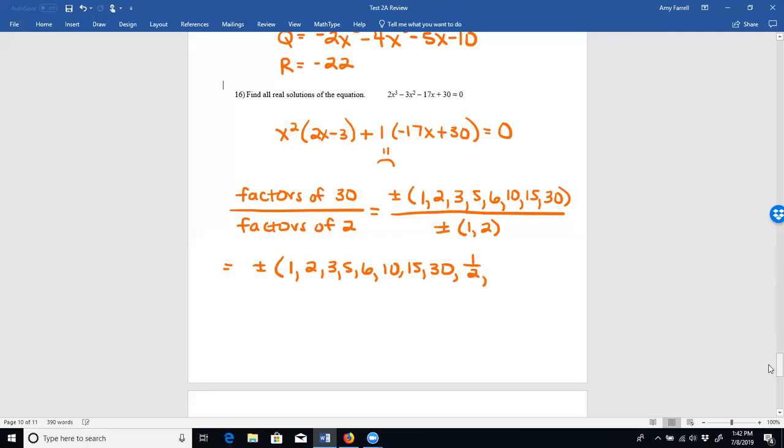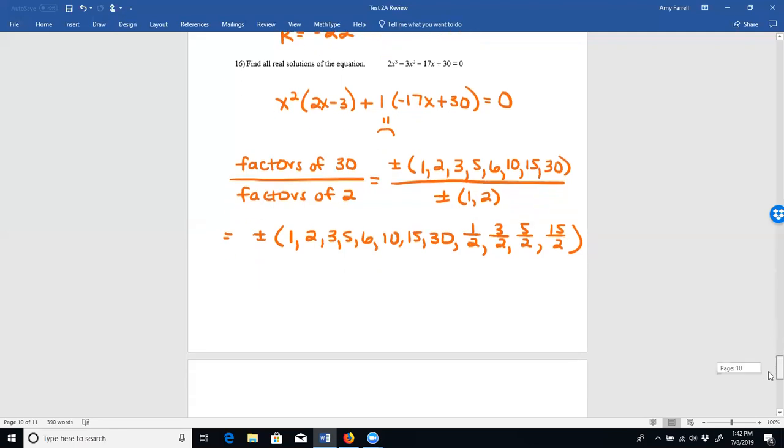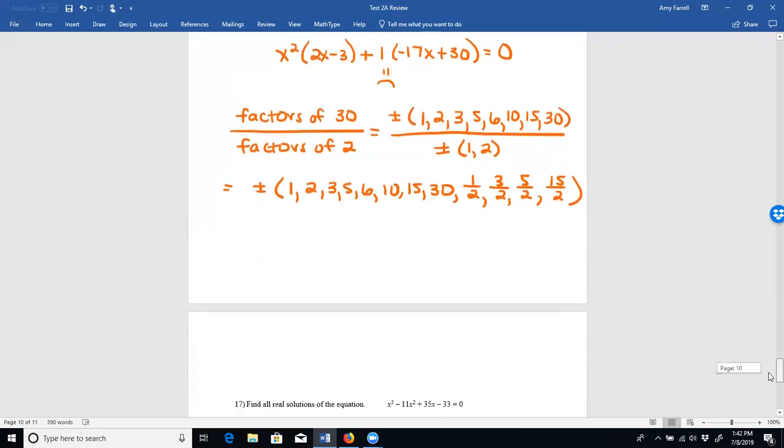I'm not going to write 2 halves because 2 halves is 1, 3 halves, 5 halves. I'm not going to write 6 halves because 6 halves is 3, 10 halves is 5. I am going to write 15 halves, and then 30 halves is 15. So if I can reduce to a number already on the list, I don't need to write it again.